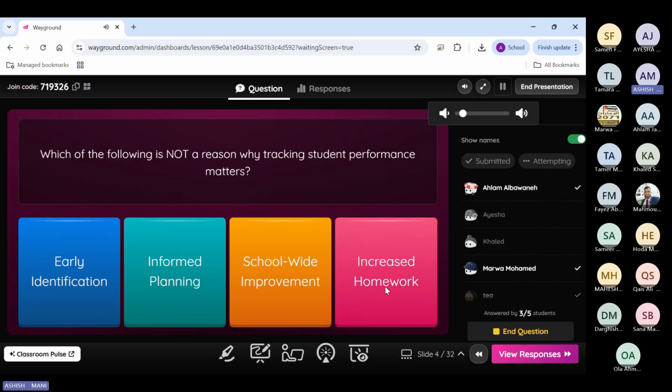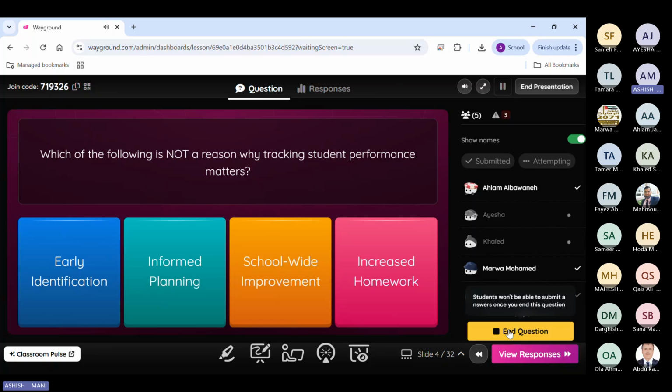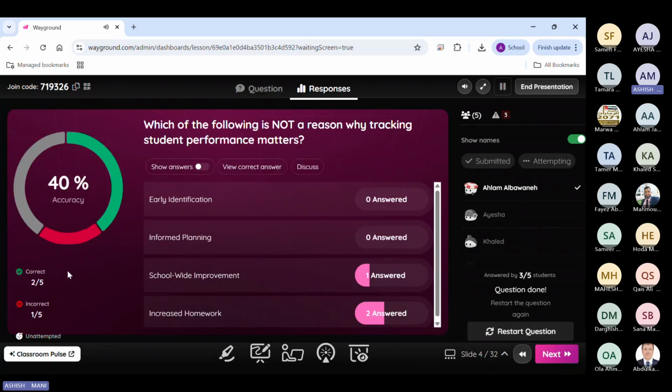Which one is not the reason? Okay, I will end. There are five teachers who are participating, and two of them gave the correct answer. That is increased homework. So increased homework is not a reason for tracking student performance.